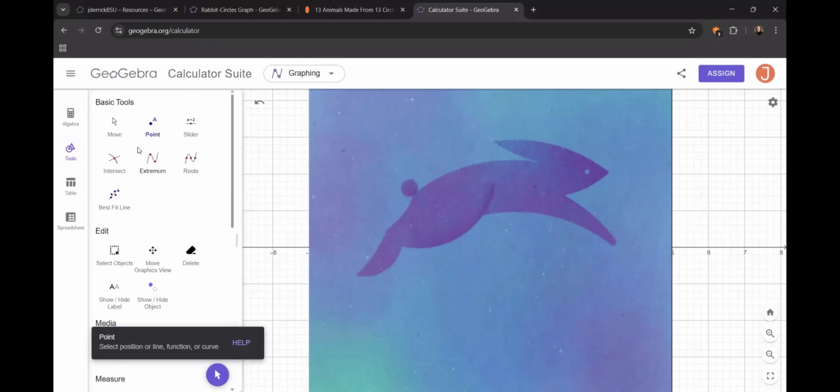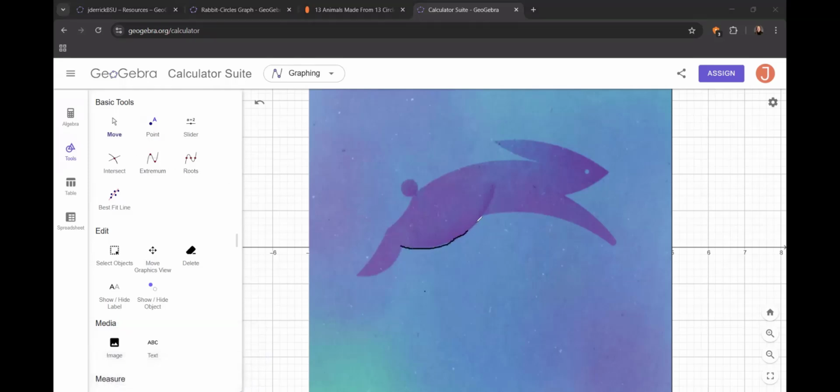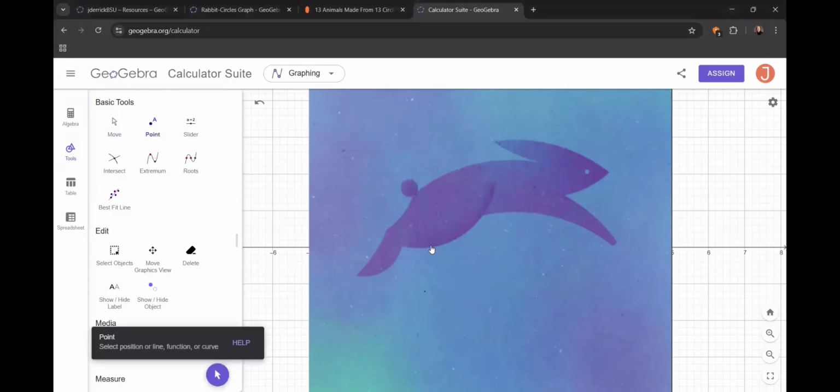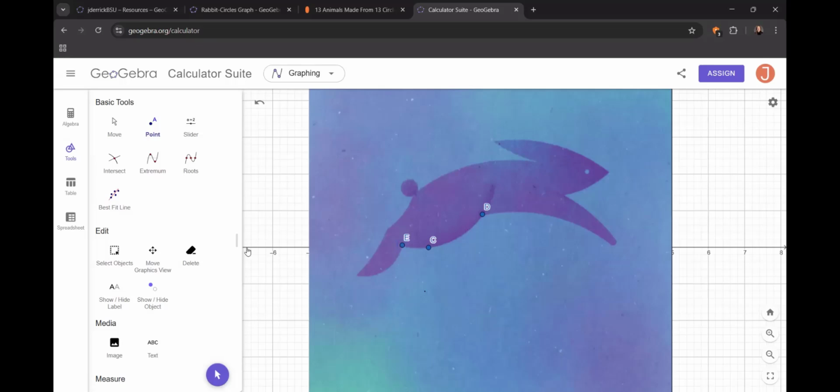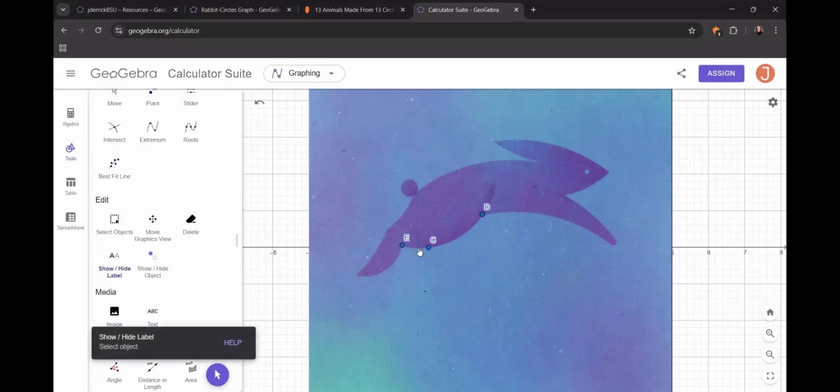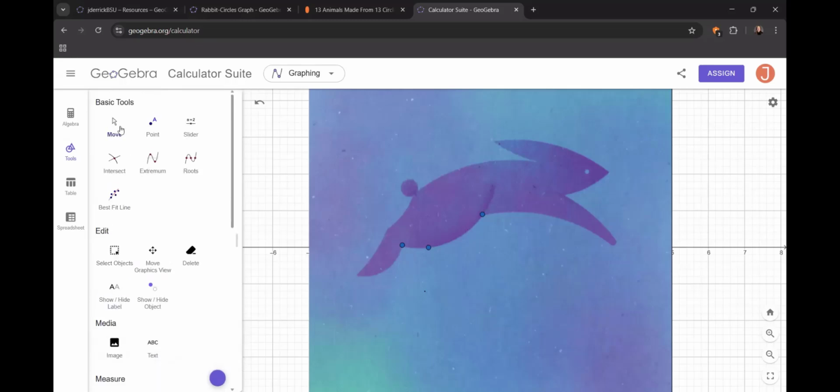So for example, let's say that I want to figure out the equation for this circle here on the rabbit's leg. What I'm going to need to do for that is put some points there. Those points can be anywhere that I want, but I just need three of them. So there we go, I've got three points now, and I'm going to hide the labels because I do not need them.